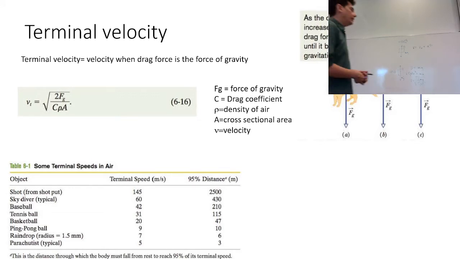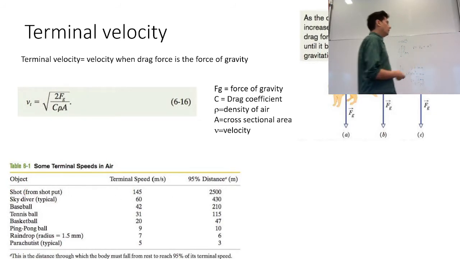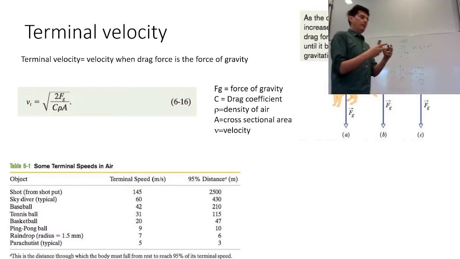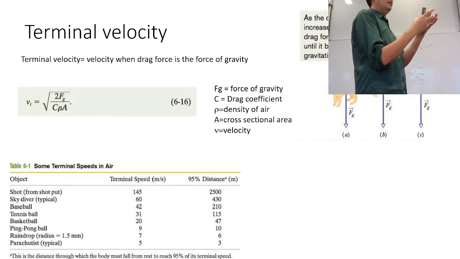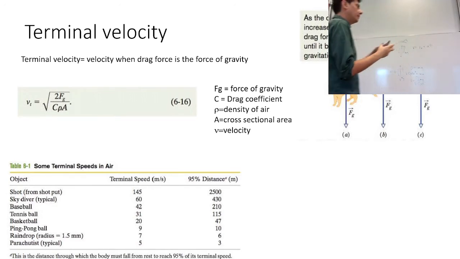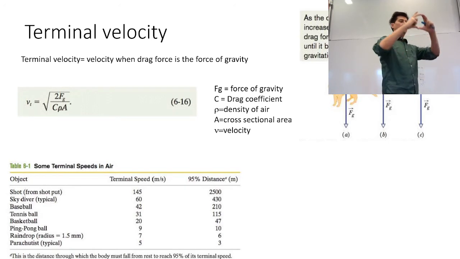So if you just look at a couple of examples of what the terminal speed is here. If you have a shot put, it's obviously a dense thing, right? So its cross-sectional area will be pretty small.